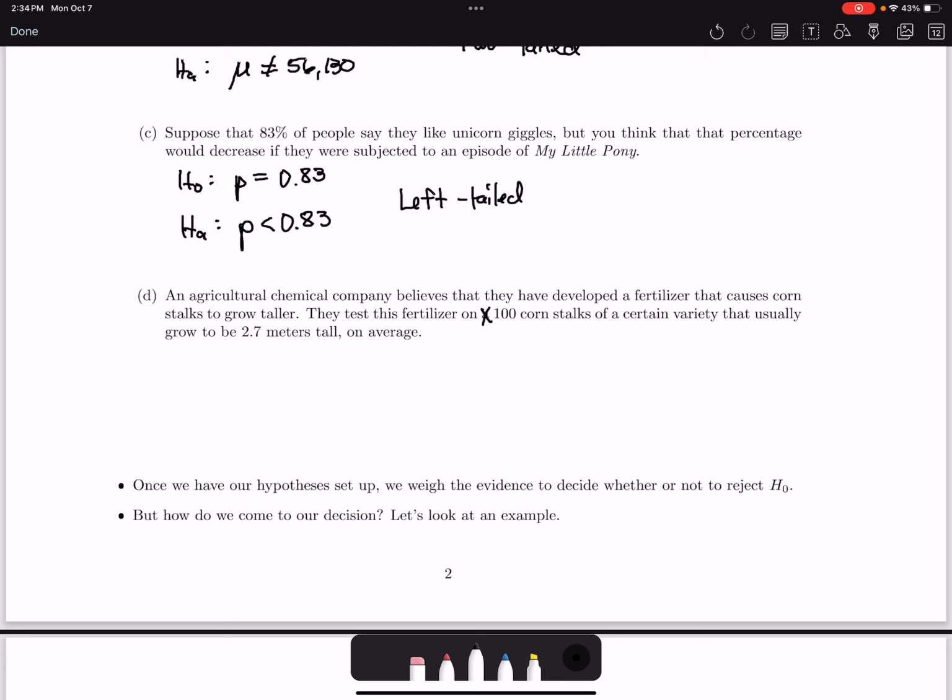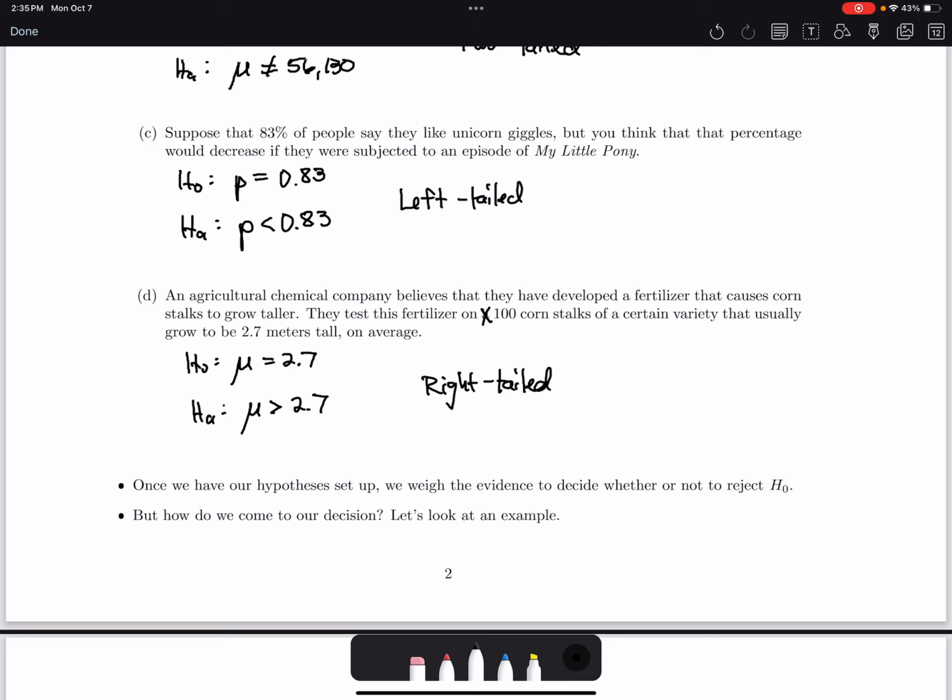The null hypothesis is that this fertilizer doesn't have an effect, right? No effect. So the null hypothesis is that the average height, mu, is 2.7 even with the fertilizer because it has no effect. The alternative is that the fertilizer works, that it causes the corn stalks to grow taller. So in which case mu would be greater than 2.7 meters, and that makes this a right-tailed test.